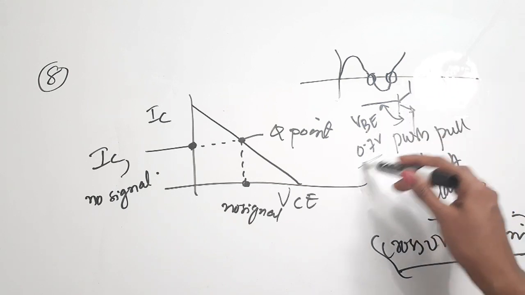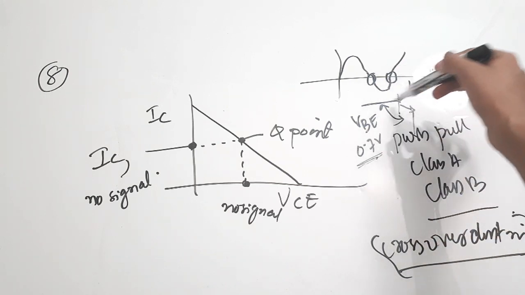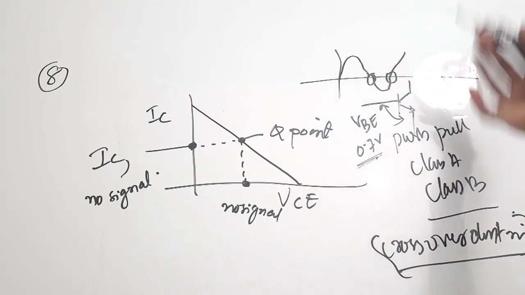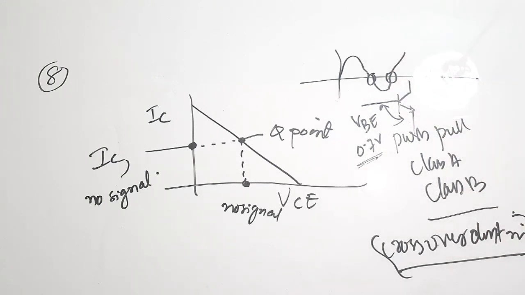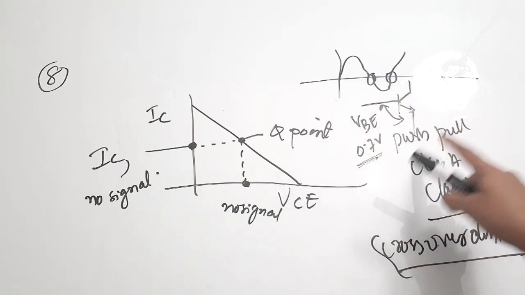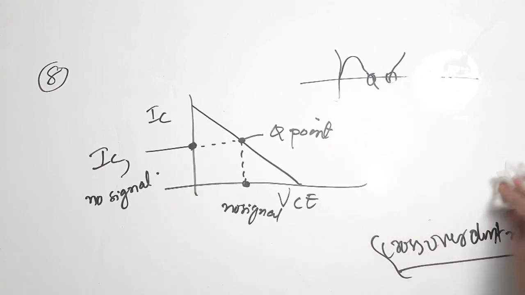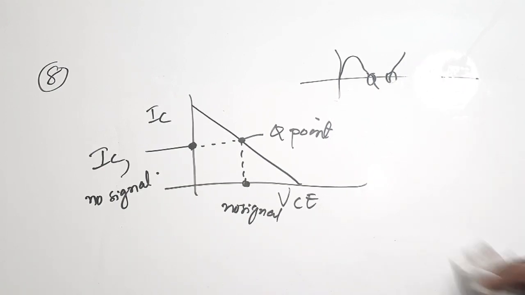Only when the voltage is greater than 0.7, the transistor will conduct. So this problem is called crossover distortion. In order to avoid the crossover distortion, we are biasing the Q point slightly above the cutoff.